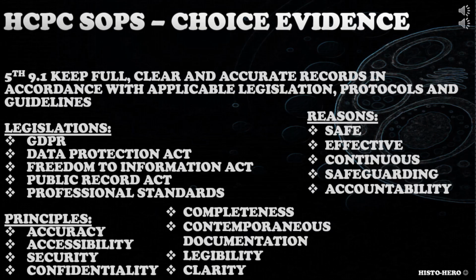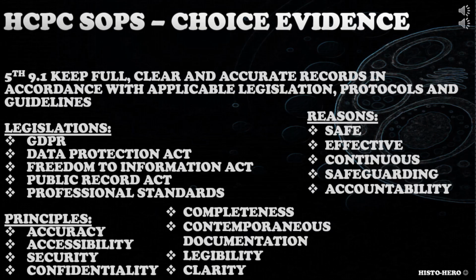Consider GDPR, Data Protection Act, Freedom of Information Act, Public Records Act, professional standards, and so on. Also consider reasons why the records need to be full, clear, and accurate, to ensure safe, effective, and continuous care, safeguarding, and accountability.